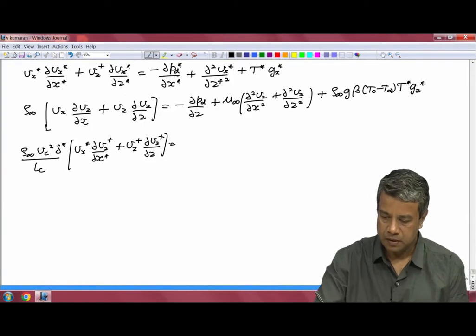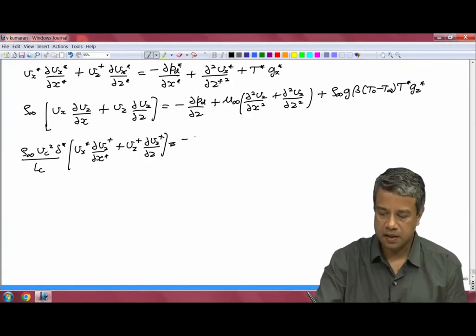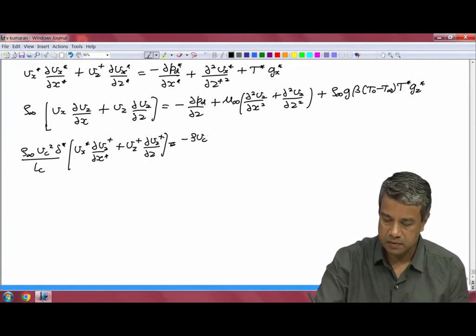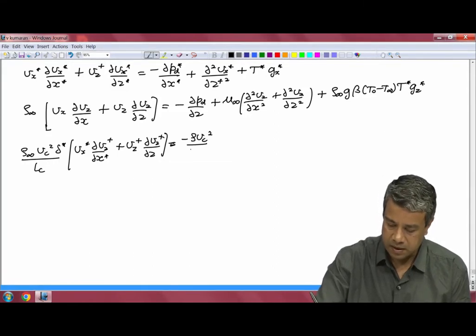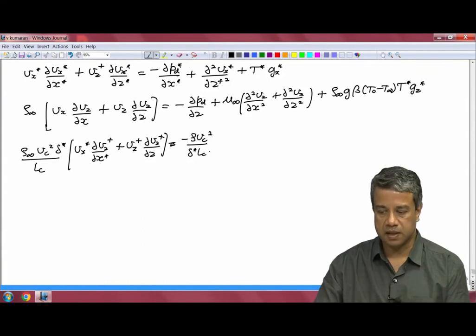On the right side, pressure is scaled by rho Vc square. In the denominator I have delta Lc, because z is scaled by delta Lc.